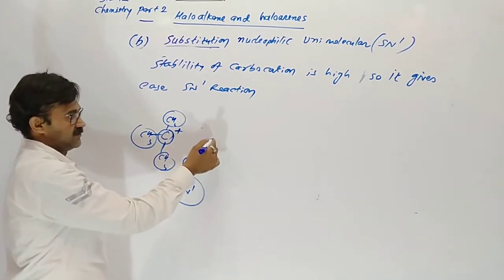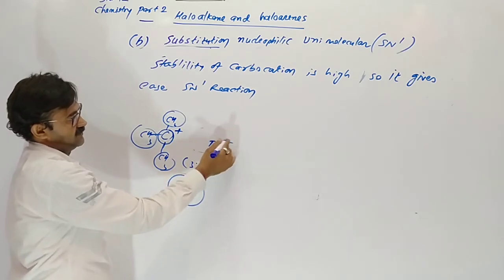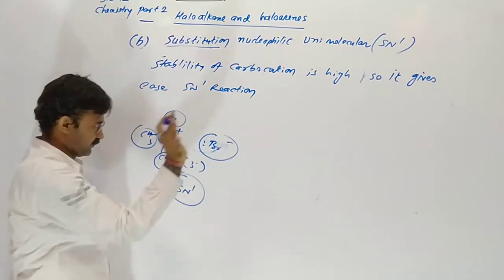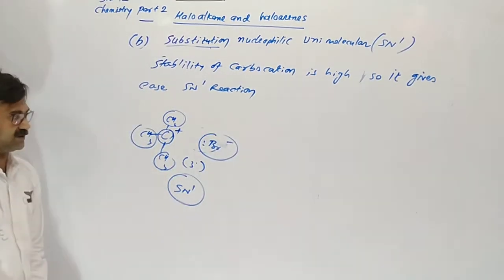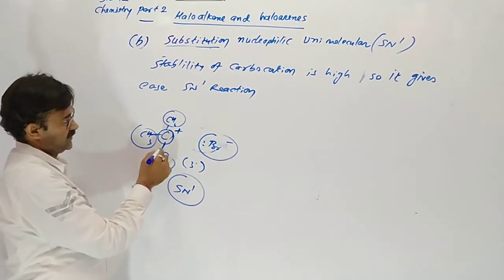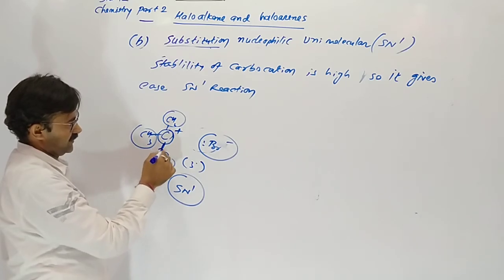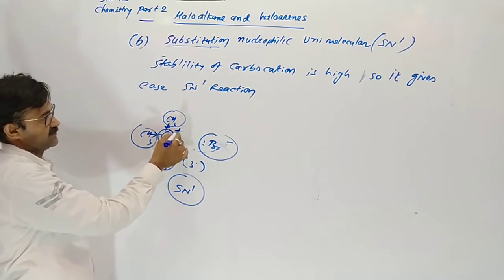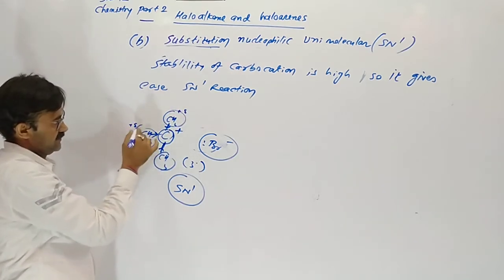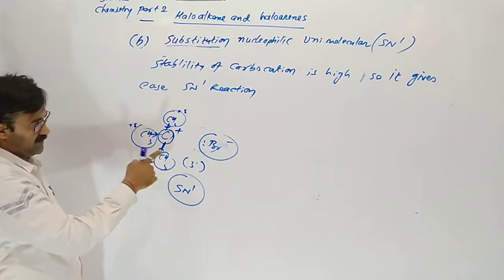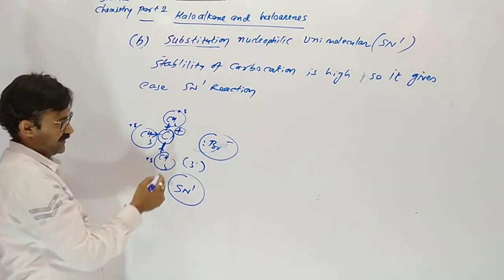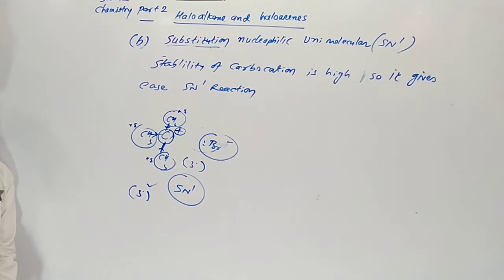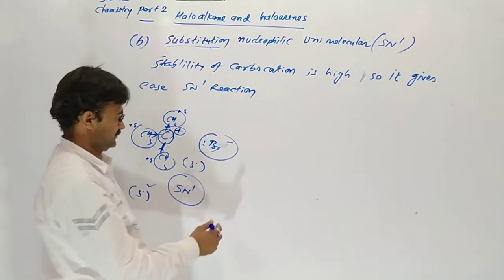The positive charge carbon, 2 electrons are removed with bromine, the leaving group, so it became carbon positive. Here 3 methyl groups have a donating nature, so this positive charge will be spread over 4 carbons. So the stability is maximum for tertiary. So tertiary alkyl halide gives SN1 faster.